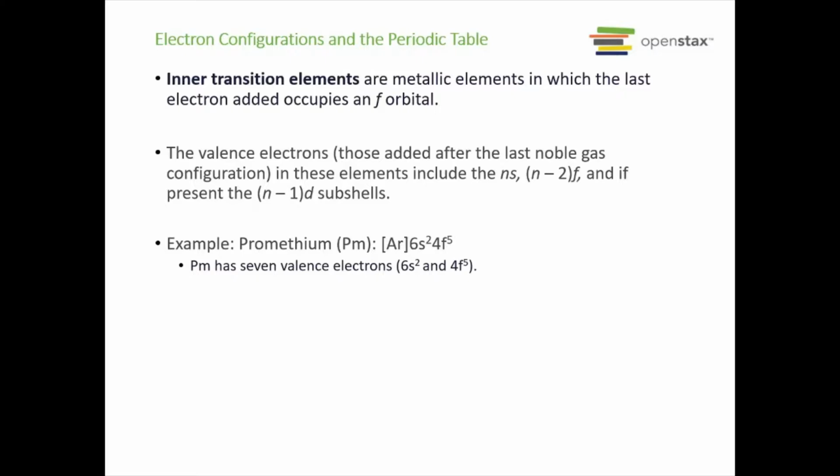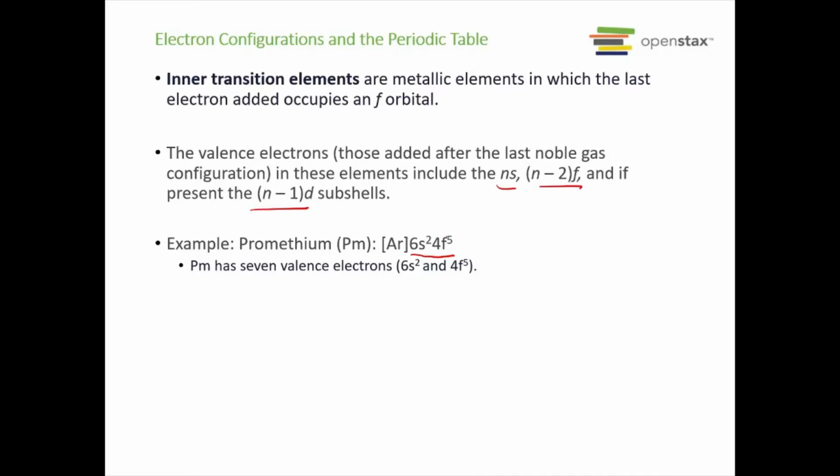So their valence electrons include the s, the f, and if present, the d subshell, only if it's there. So promethium, as an example, goes from argon to 6s2 4f5. So the s shell is part of it. That means it has 7 valence electrons. Notice promethium does not have a d subshell.